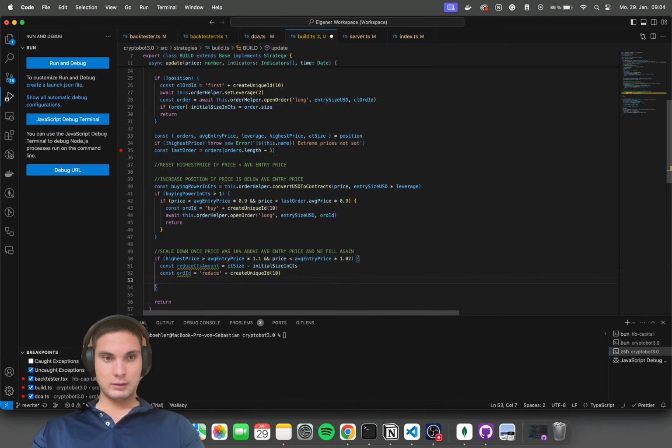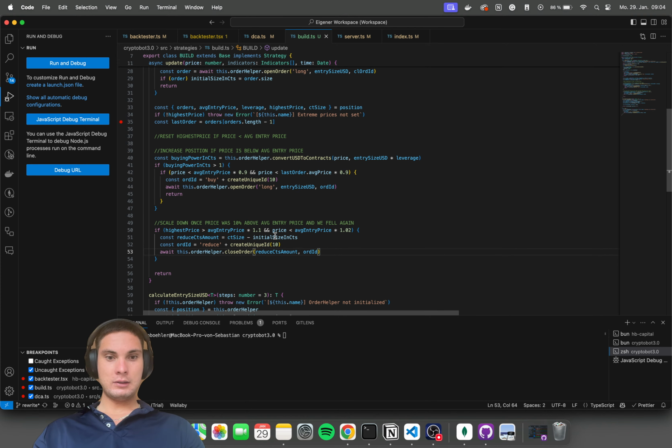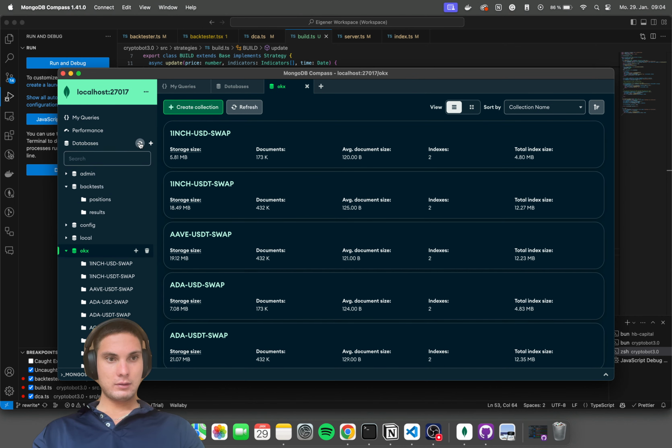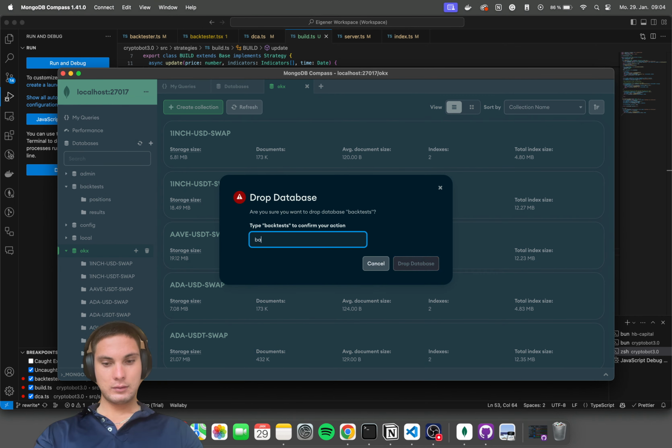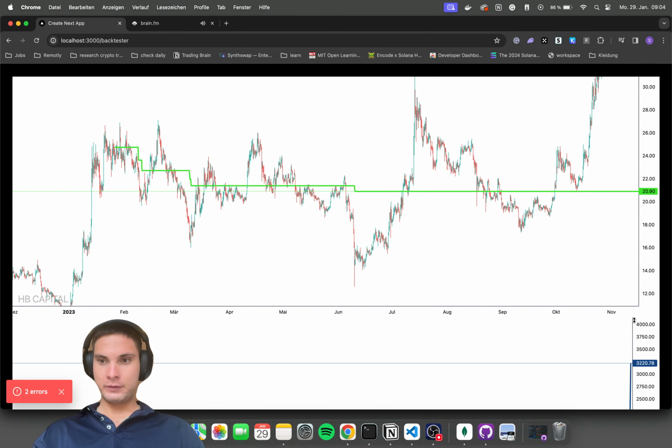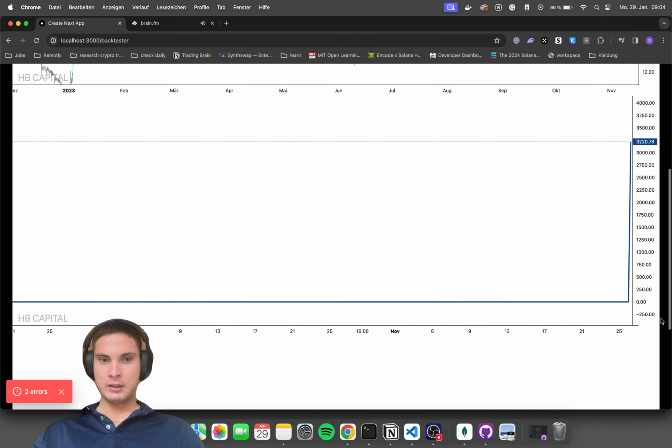And then this should scale down. And so if we have a look at this here, we only see one peak because we only have one close order, and the close order is currently at the end of the backtesting time frame.